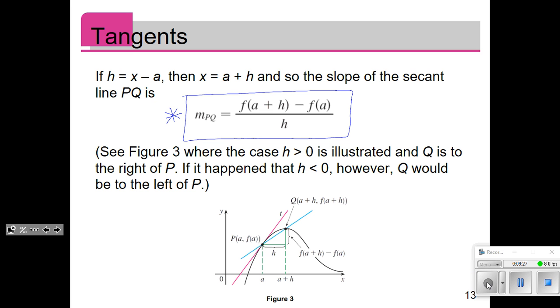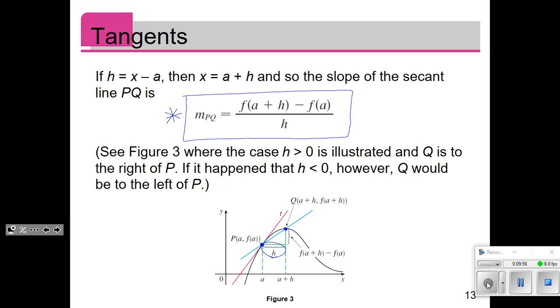So f of a plus h minus f of a all over h. It kind of depends on the problem which one you want to use, but it's essentially the exact same definition as definition 1 that we had earlier. So here's the important part. Down here, your h is the difference in your x coordinates between the point you're approaching, which is our P, and your starting point.